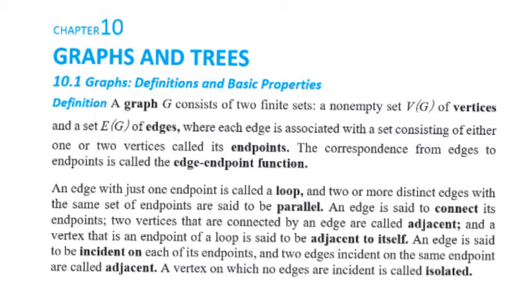An edge is said to be incident on each of its endpoints, and two edges incident on the same endpoint are called adjacent. So that's the definition of two adjacent edges. A vertex on which no edges are incident is called isolated. So that's the definition of an isolated vertex.